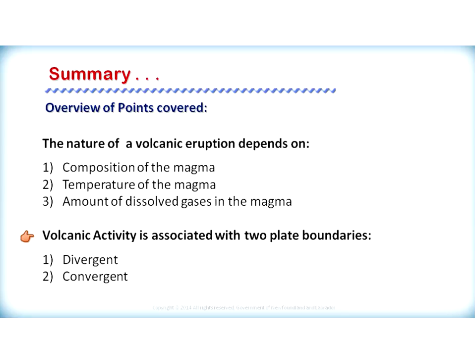The second point covered will be the volcanic activity associated with the two plate boundaries. We noted that very little volcanic activity is associated with transform boundaries, but we do see much volcanic activity associated with divergent boundaries and convergent boundaries.